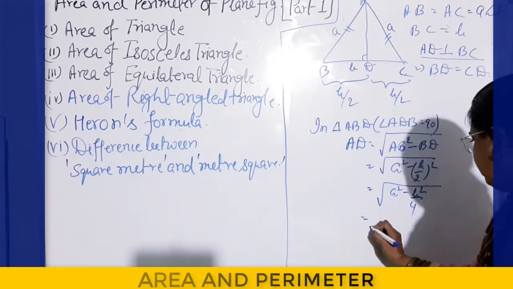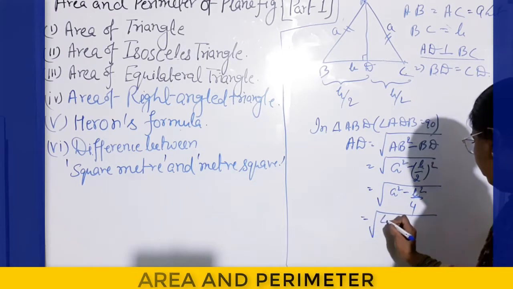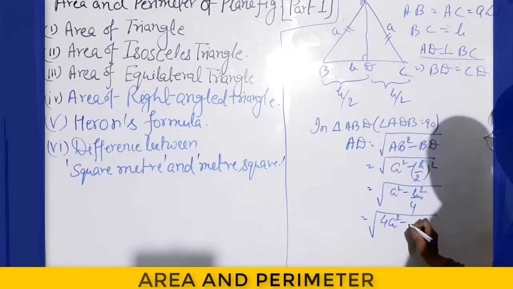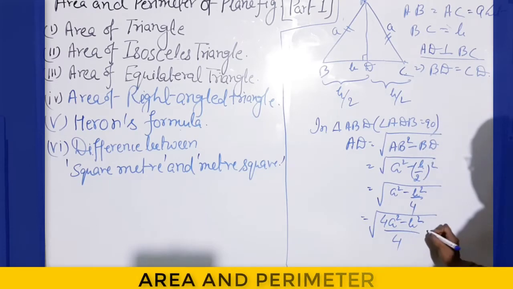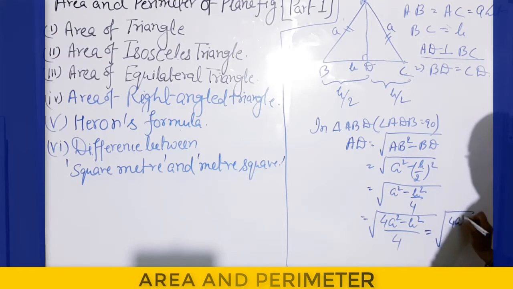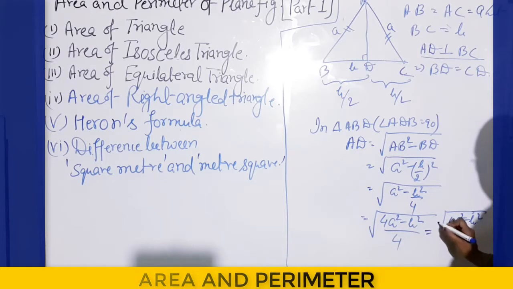It means whole is 4A square minus B square by 4. That is equal to root under 4A square minus B square, all under root. Then the square root of 4 is 2.